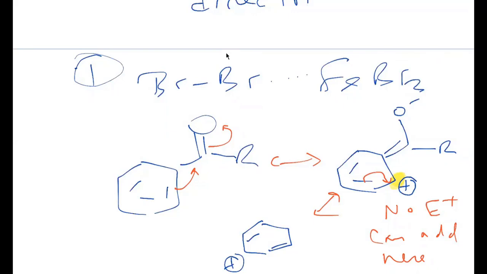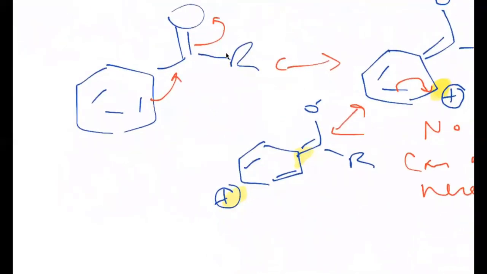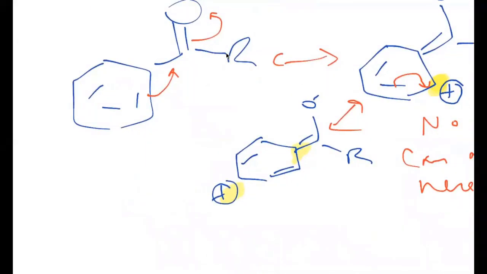Sloppy, my bad. Right, that's the next resonance form, is that right? You see where the plus charge is? It's on the para position. So if that's the case, I can't add an electrophile there either. You don't have any electrons at para or ortho.